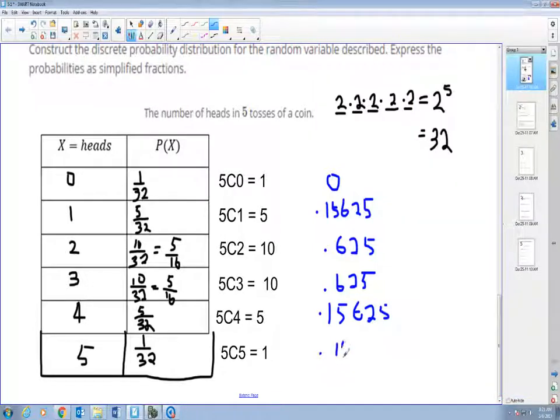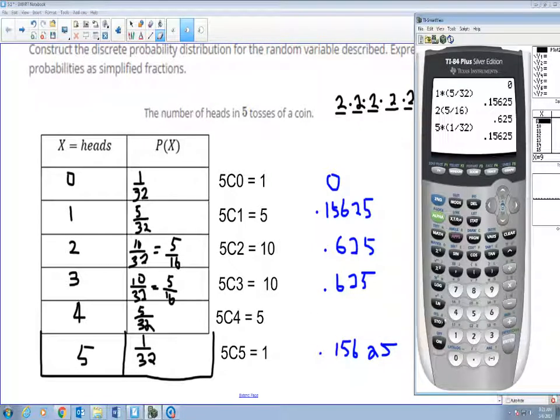Ooh, sorry, I made a mistake with the fourth one. I think it's 4 times 5 over 32, which is 0.625.